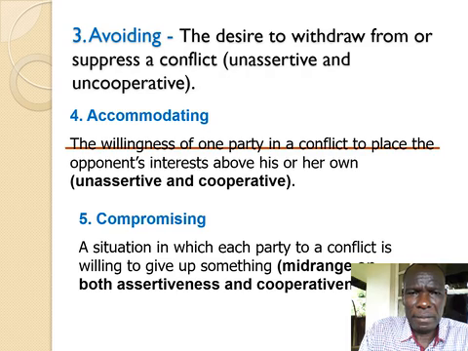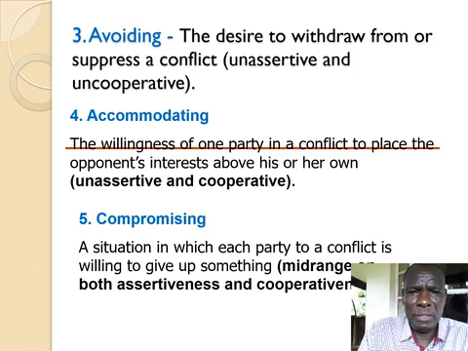The fourth model is accommodating. The willingness of one party in a conflict to place the opponent's interest above his or her own. You are not assertive, but you are cooperative.